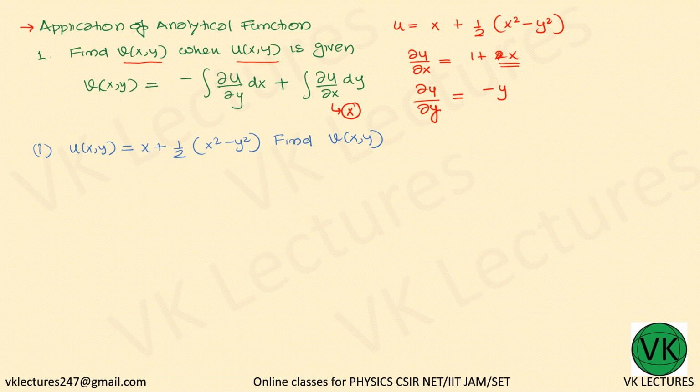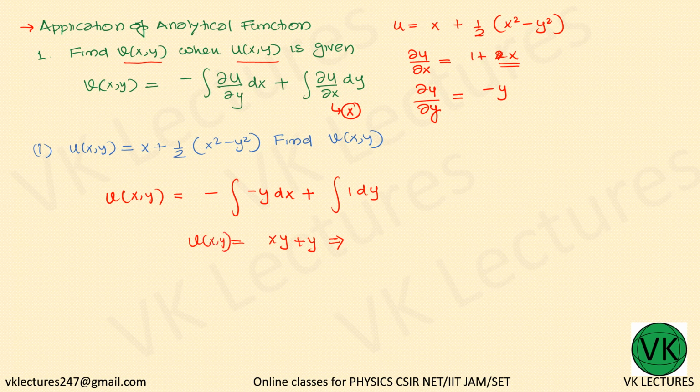Now putting in the equation, v of x comma y equals minus integral dou u by dou y, which is minus y, dx, plus integral dou u by dou x, which is 1, dy. So integral of y dx is xy, and integral of dy is y. So that's equal to y plus xy, which is v of x comma y.